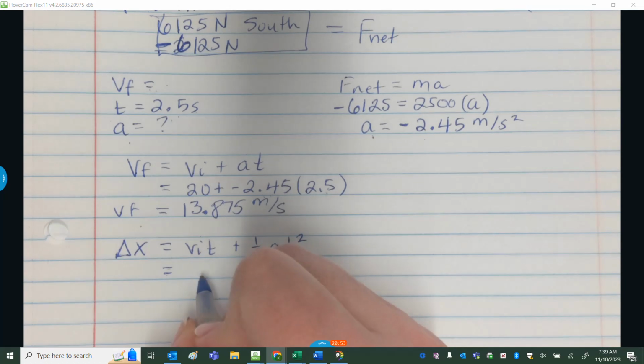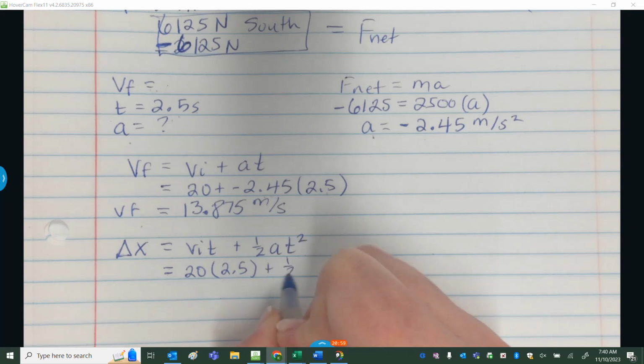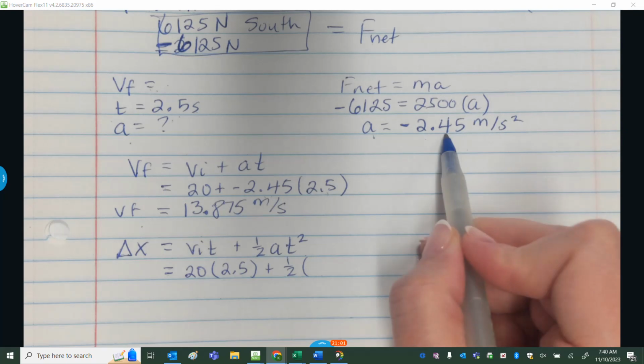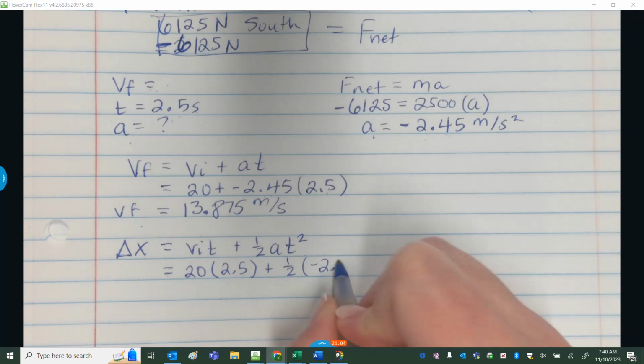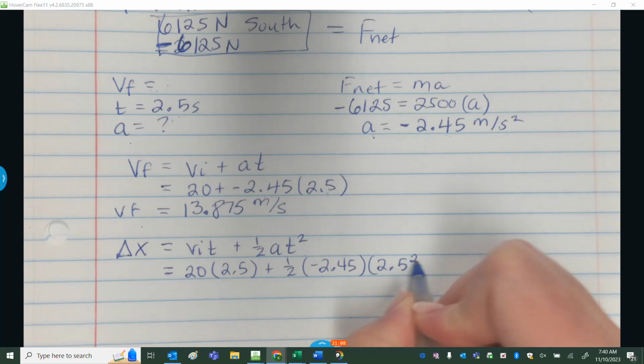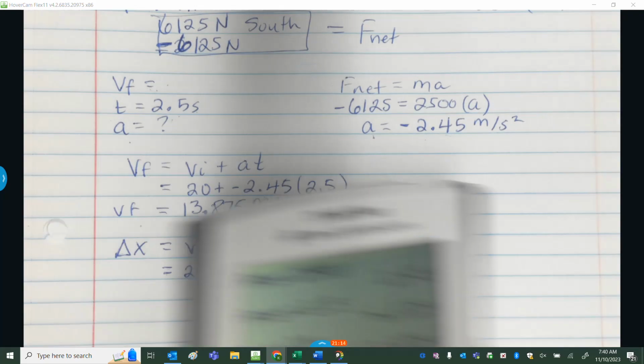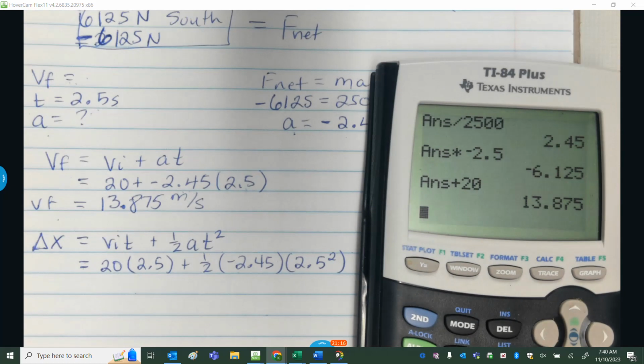So my initial velocity again was 20. The time again 2.5, plus 1/2. My acceleration, we found that here, negative 2.45. And the time that was in the question, 2.5 squared. So vi t plus 1/2 a t squared. Let's use the calculator to do this.